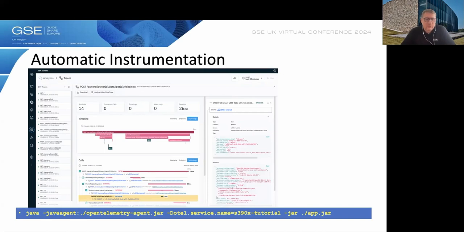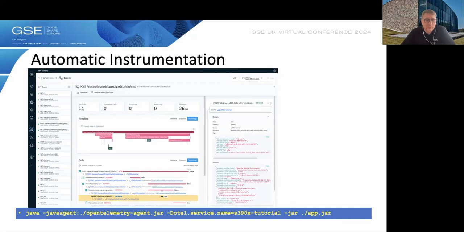When we talk about automatic instrumentation, essentially what is captured is the incoming requests and the outbound requests. So here in this case, even if it's very small on the screen, that would be HTTP requests coming in, and then an outbound request would be considered here a call to a database backend.